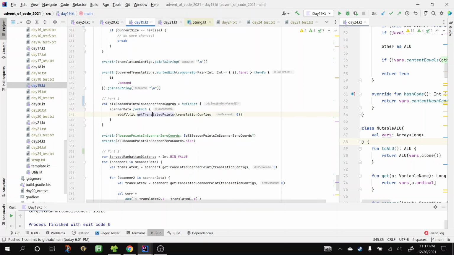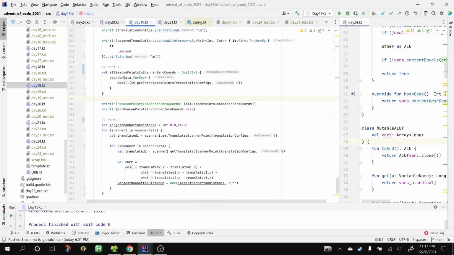I translated the points for each scanner in terms of the scanner 0 coordinate system. Then I built a set, so then I got all of the unique beacon points. Then I just printed out the size, which would be the answer for part 1.